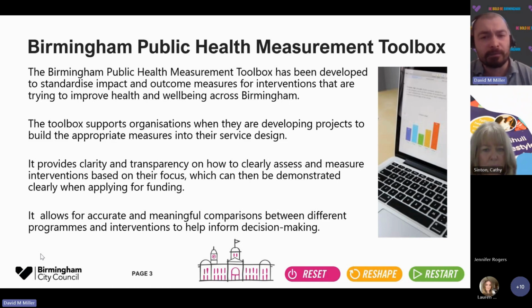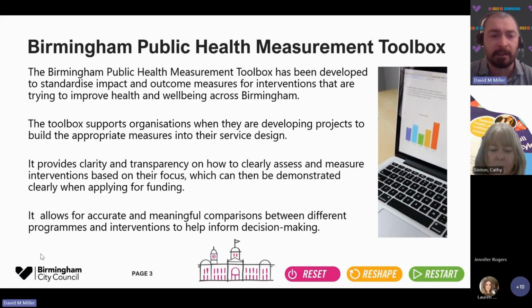In the past we've seen that different projects have varying levels in terms of how good their measures are in measuring impact. So this is a way to make sure that they're all reaching a certain standard. It's also intended to provide clarity and transparency on how to clearly assess and measure interventions based on their focus, which can, as I've said before, be demonstrated clearly when applying for funding.